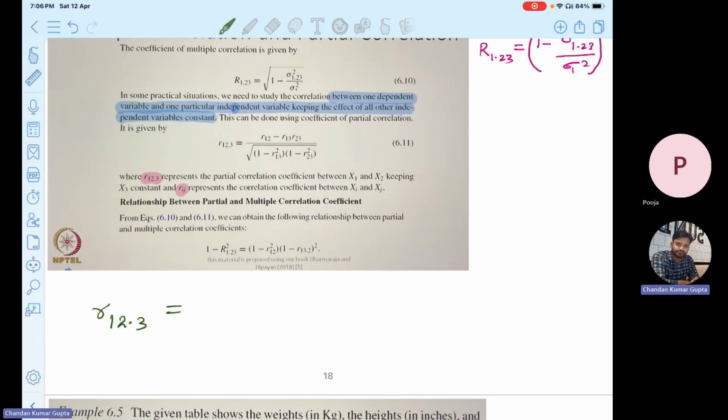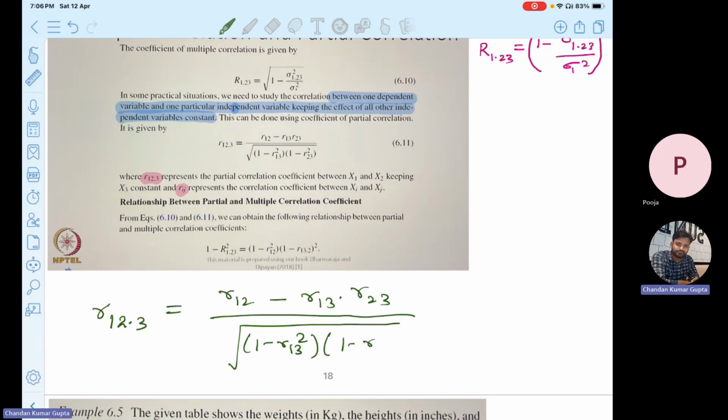It is r12, the correlation coefficient between the random variables x1 and x2, minus r13 into r23, the correlation coefficient between x1 and x3 into the correlation coefficient between x2 and x3, and then divided by the square root of 1 minus r13 square into 1 minus r23 square.